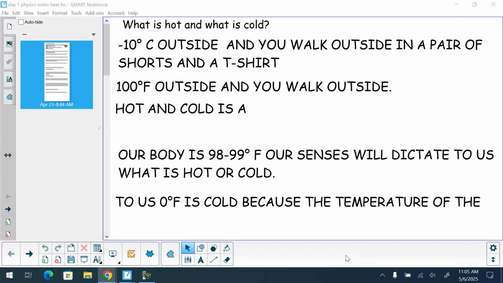What is cold for some people is not cold for other people. So when we say the word hot and cold, we rely a lot on the personal aspect of this. So looking at going outside, if it's 100 degrees Fahrenheit or 80 degrees Fahrenheit, what is hot, what is cold?